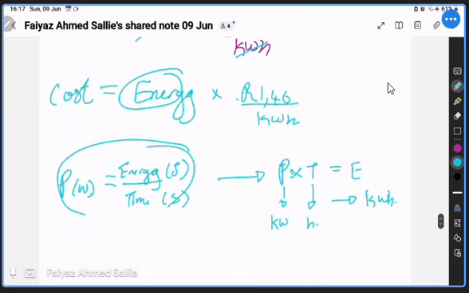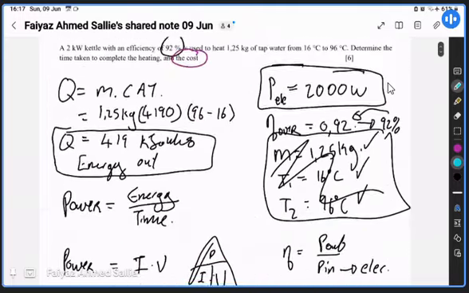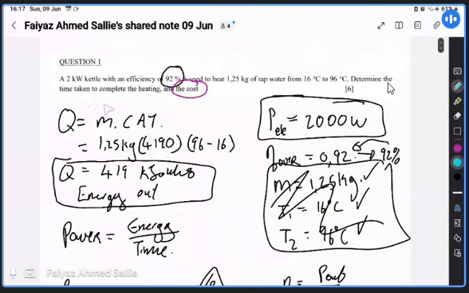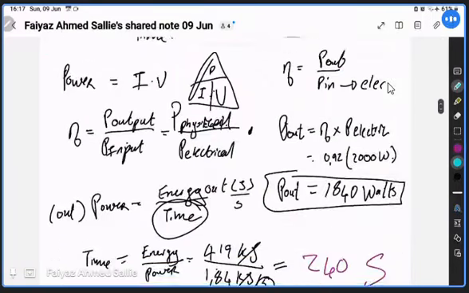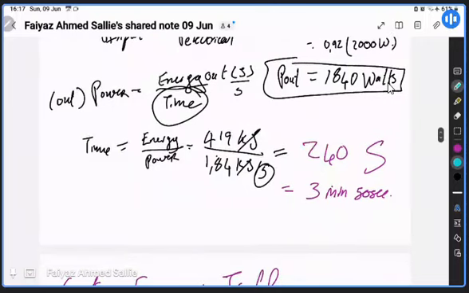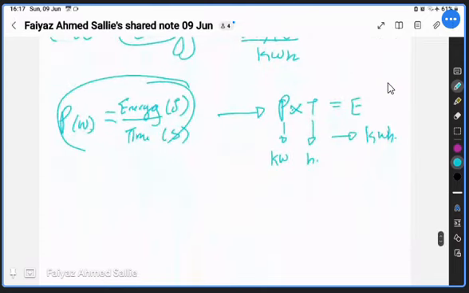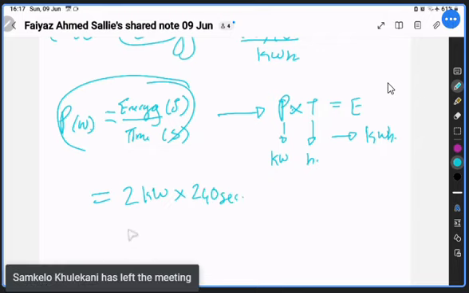And let's do that really quick. So we calculated the time for this question because that was the first question, the time. And we got 240 seconds. Sorry. So 2 kilowatts multiplied by 240 seconds.